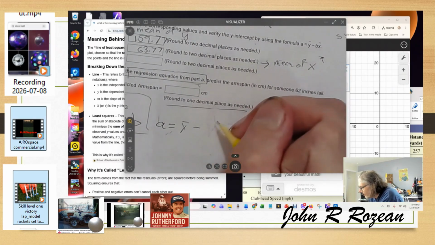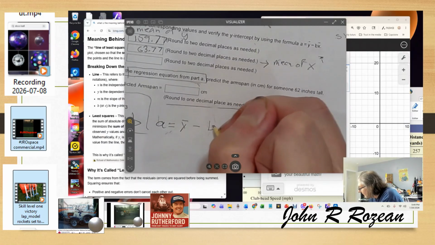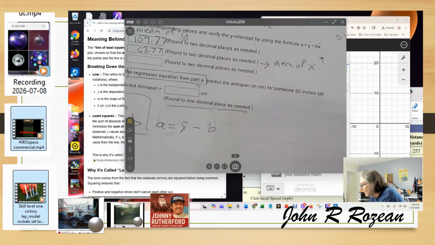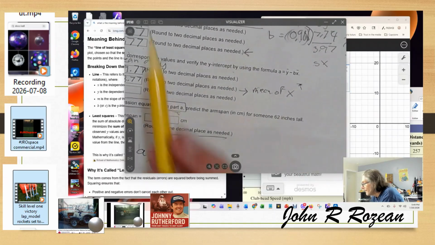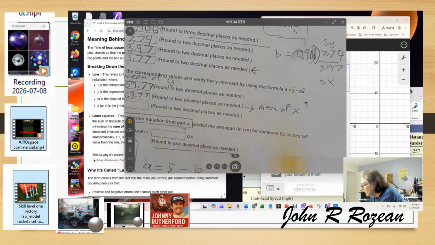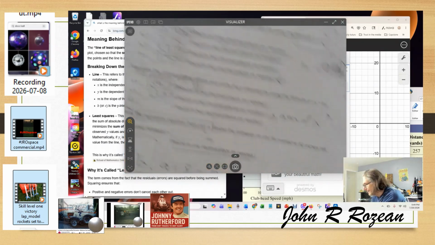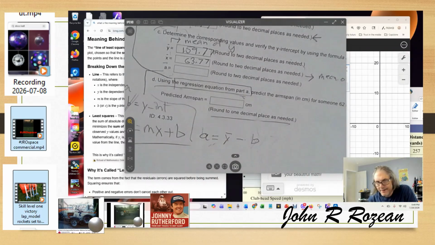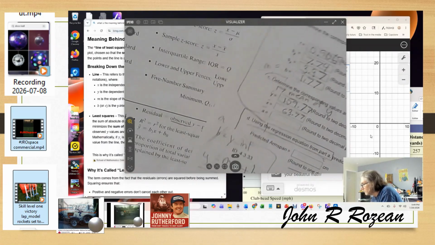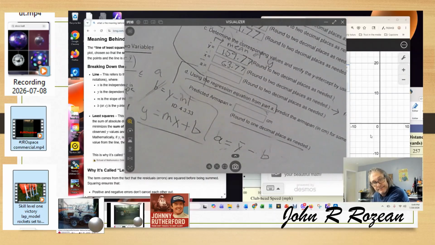The y-intercept should be the mean of y times, we've substituted that for A. They're calling the slope B. So we're back over here.